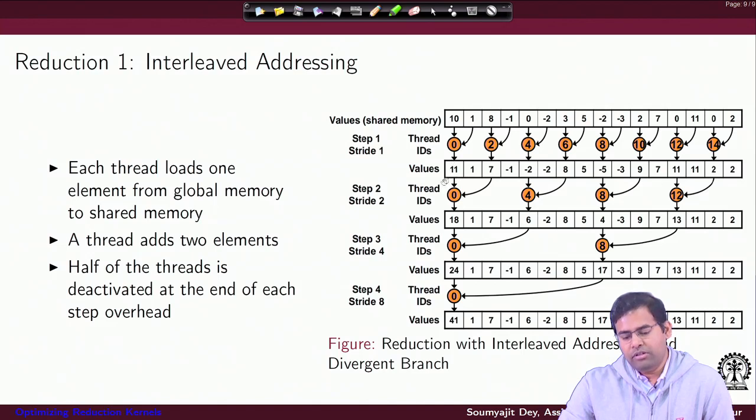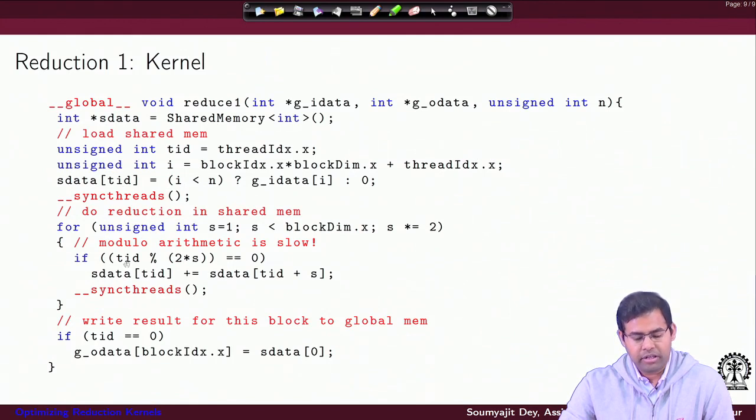Because as you can see, with every level, half of the threads further go idle. Whatever were the active threads in the earlier iteration, half of them would go inactive, right. So, in every iteration you take the TID and do a % 2s to find out whether the TID will remain active or not.